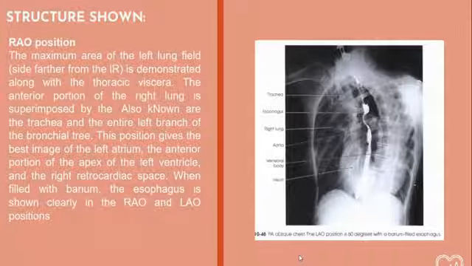This position gives the best image of the left atrium, the anterior portion of the apex of the left ventricle, and the right brachiocephalic space. When filled with barium, the esophagus is shown clearly in RAO and LAO position, as you can see here.